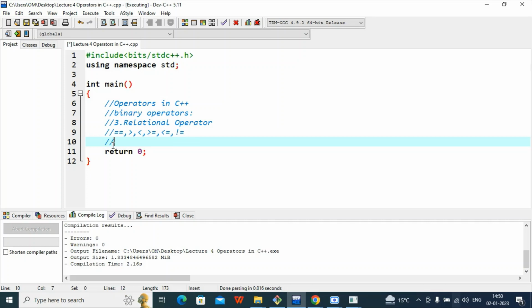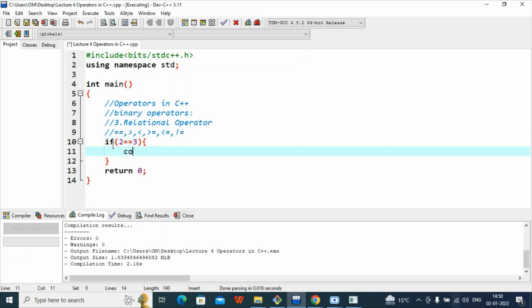Okay, so first is equal to. Again, I'll be using if else condition, but for now please ignore that. I'll be teaching you if else conditions in the next lecture. Just focus on the logic, right? Just see the working of this equal to. If I'm saying 2 equal to 3, can you say what it is going to give?